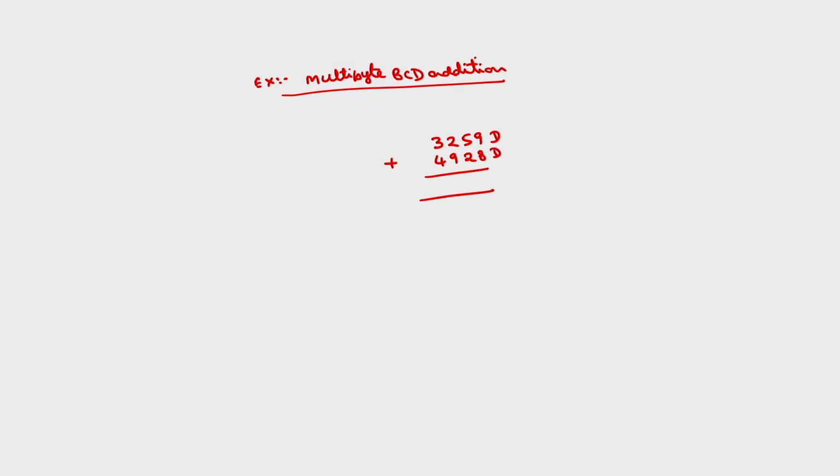on multi-byte BCD addition. See, if I want to add 2 bytes, 3259 decimal plus 4928 decimal, I want to add this.